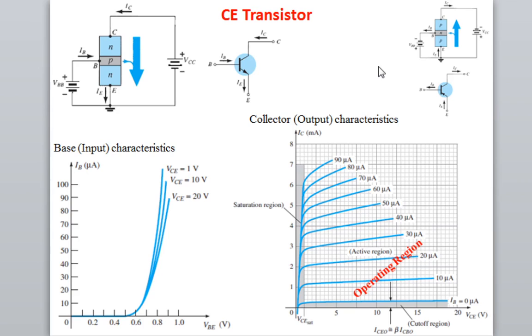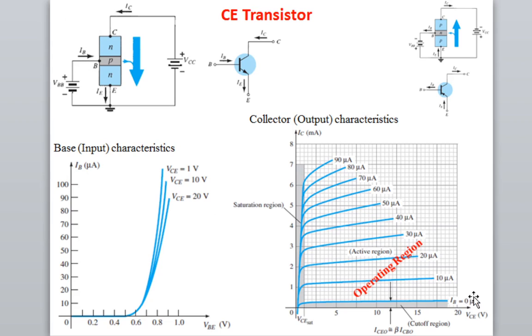Similarly for output characteristics, you have to measure the collector current by changing the collector emitter voltage. But in order to do this, we have to fix the input current constant. Let us say the input current is equal to 0, that is IB is equal to 0.